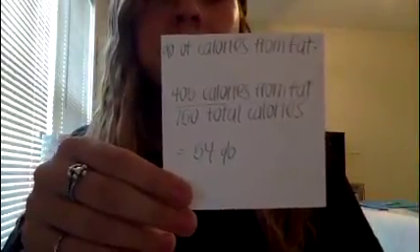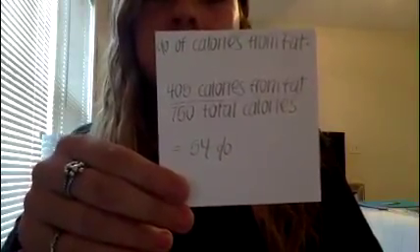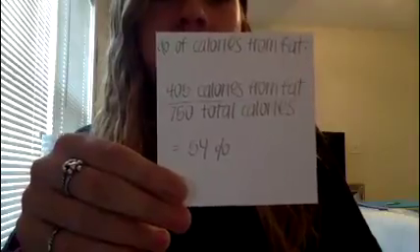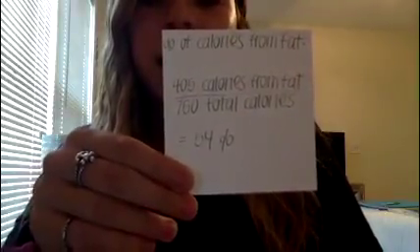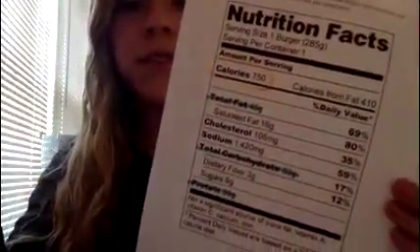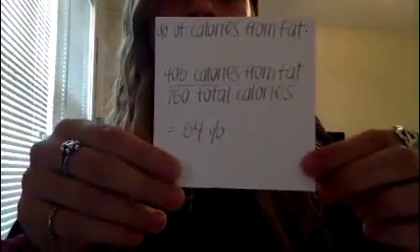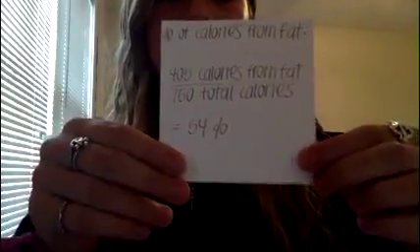Let's determine the percentage of calories that come from fat. So, as we remember, we use the 405 calories from fat that we just calculated and divide that by the total number of calories, which, as you can see here, I circled in orange, is 750 per burger. This is equal to 54%, meaning that over half of the calories in this burger come just from fat.